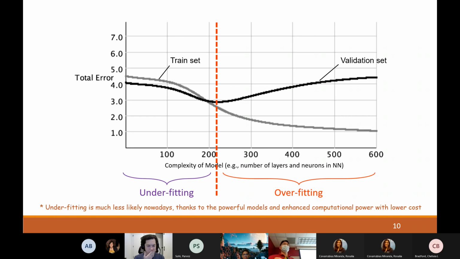But that's more like a unique case. As you increase the complexity of the model, you typically get a line that looks like that. The thing to recognize is that if you keep increasing the complexity of the model, the two lines will move in the same direction at first, and they will diverge and move in different directions eventually.